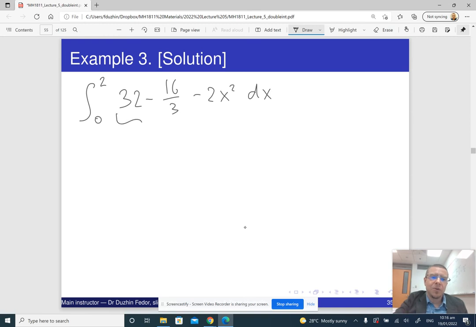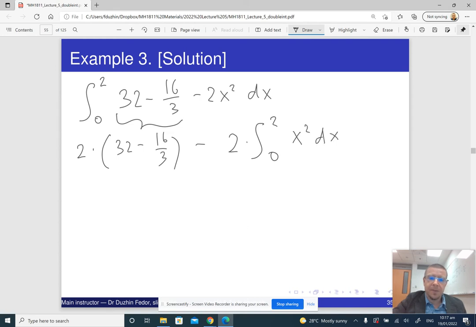And again, this part we can just take out, and the integral is from 0 to 2, so we'll get 2 times 32 minus 16 over 3 minus 2 times the integral from 0 to 2 of x squared dx. All right, so this part is really minus 2 times the antiderivative of x squared, which is x cubed over 3, and the integral is taken from 0 to 2.